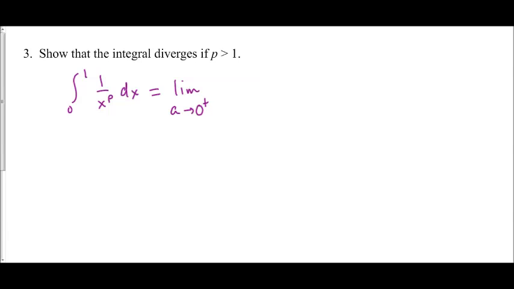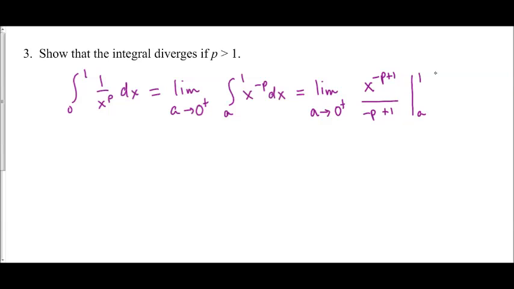And this is going to be my integral from a to 1 of x to the negative p dx. And I can find the antiderivative of this using the inverse power rule. So this is going to give me the limit as a goes to 0 from the positive side of x to the negative p plus 1 divided by negative p plus 1 evaluated between a and 1.